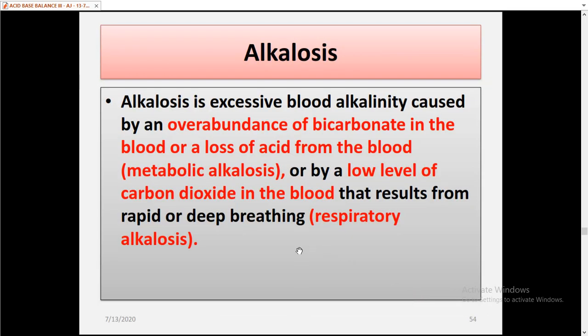So, alkalosis is basically excessive blood alkalinity that is caused by overabundance of bicarbonate in the blood, or loss of acid from the blood, or by low levels of carbon dioxide in the blood that results from rapid or deep breathing, like respiratory alkalosis.